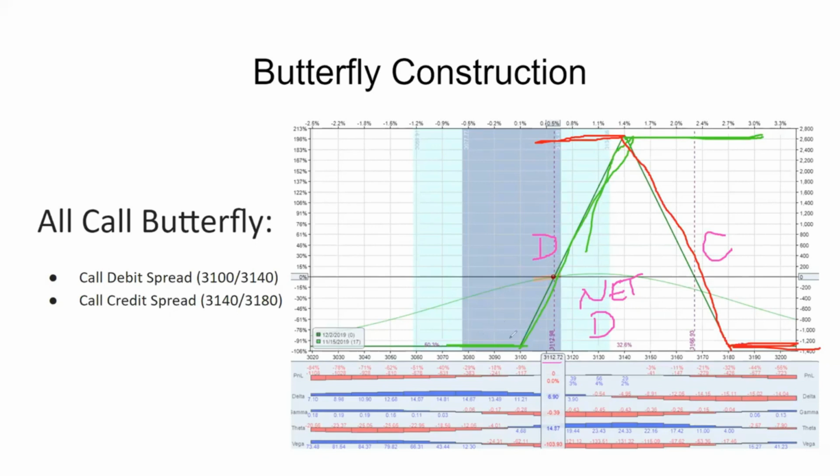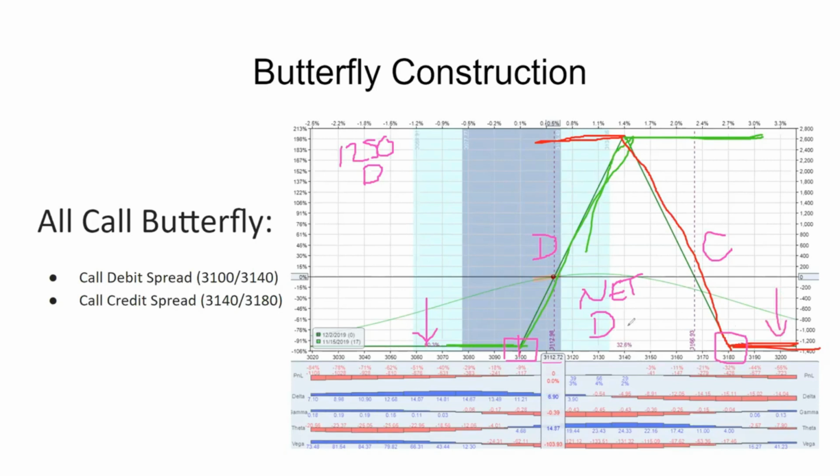So for example, I believe this butterfly is going for something like 1250. So 1250, which is a debit, to put this trade on, that's the most that this butterfly can lose if the price of the underlying security, well, in this case, SPX, is below 3100 at expiration or above 3180 on expiration.